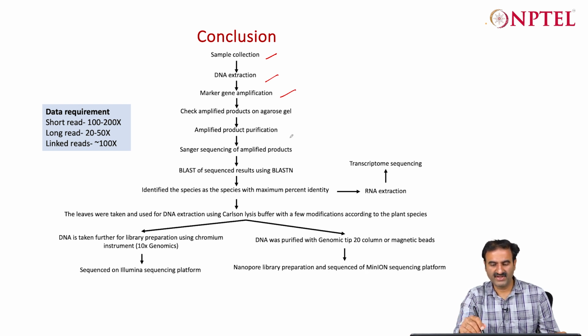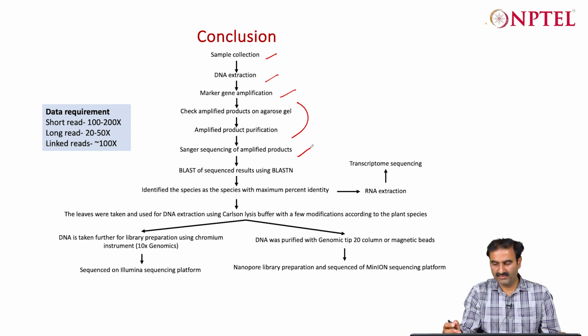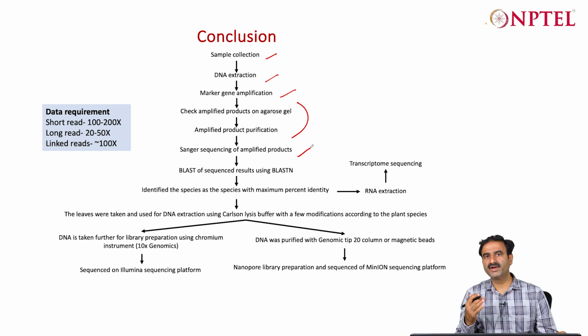After the purification, you will confirm that species by Sanger. If the marker sequences that you are amplifying are not known earlier, that is also a contribution from your side and should go as part of the manuscript, submitted to the journal and NCBI.